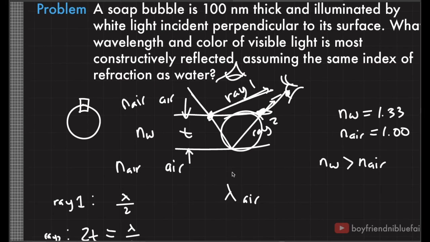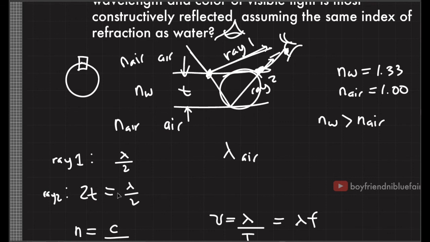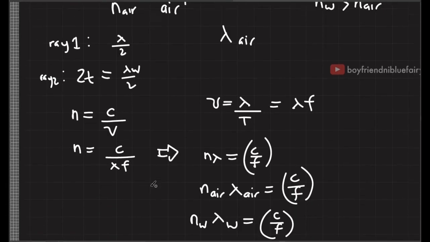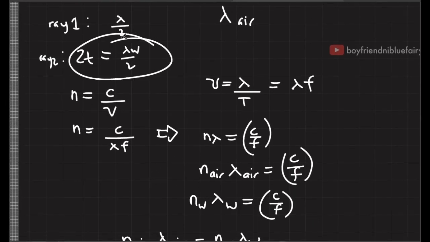Now notice that this distance is traversed by the light when it is inside this film, so this wavelength here is the wavelength when the light ray is inside the film, which we designate as lambda sub w.